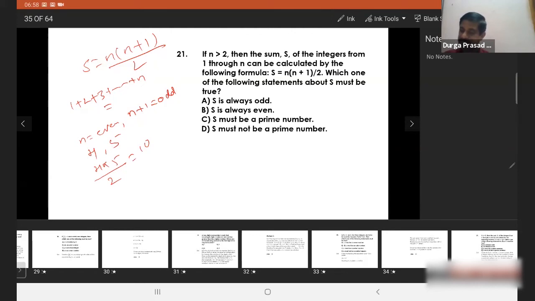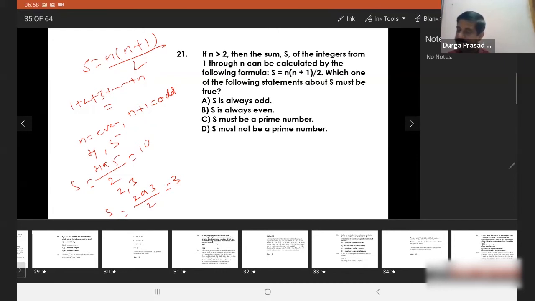Now if I say n is 2 and n plus 1 is 3, then 2 into 3 by 2 is 3. We are using the formula S. So S has become even, and S has become odd. S is always odd, he says, not right. S is always even, he says, not right.